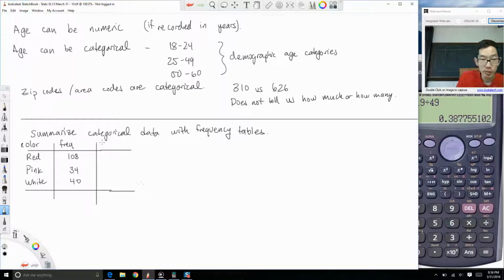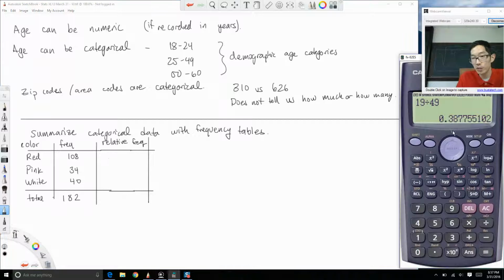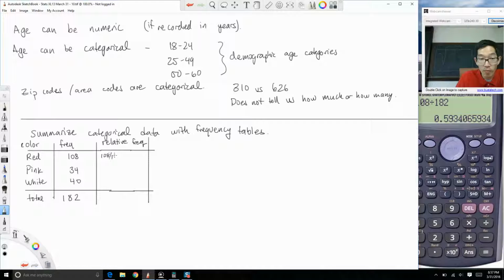We can also create a column called relative frequency. There's a total of 182. The relative frequency, all we do is turn these into percentages. So I would do 108 divided by 182, and I would get something like 59%.